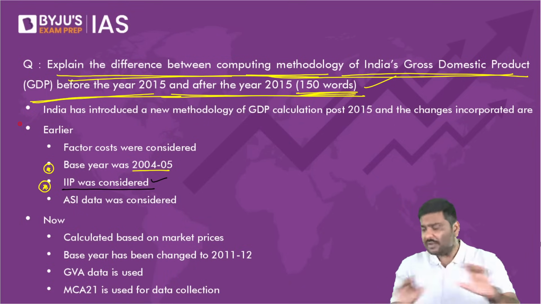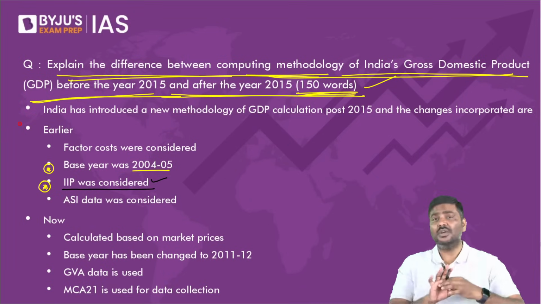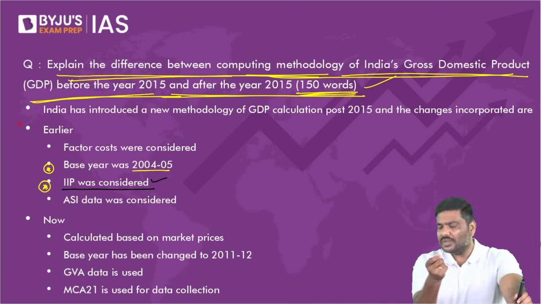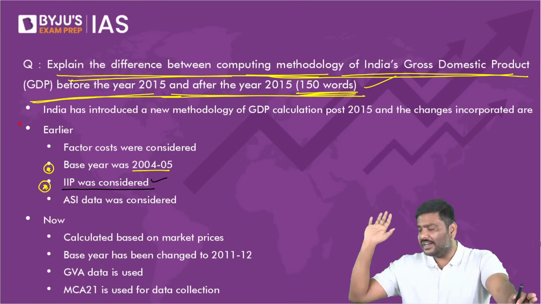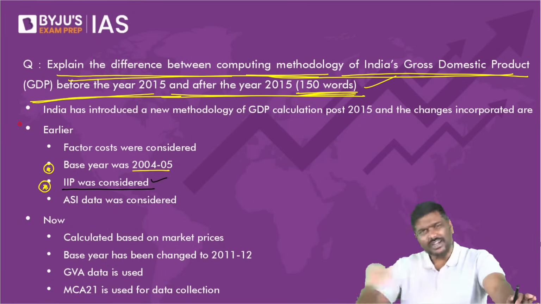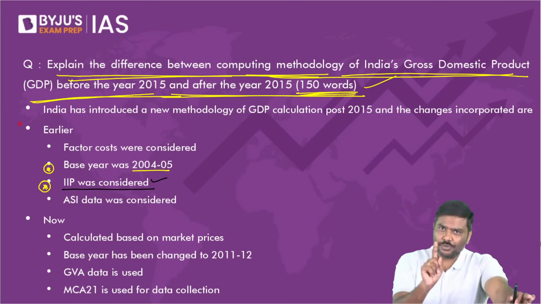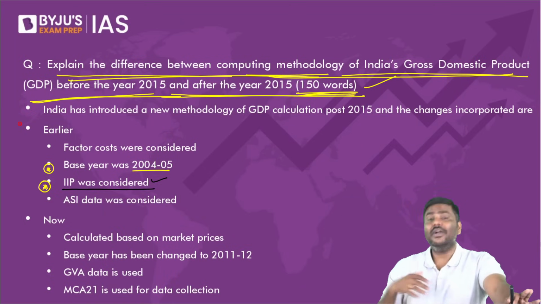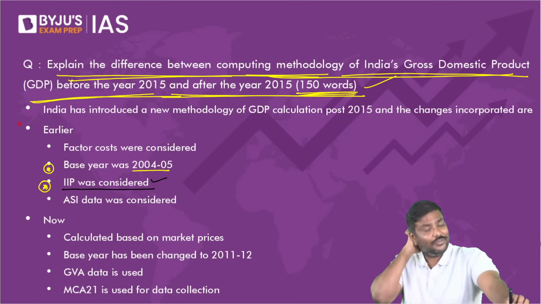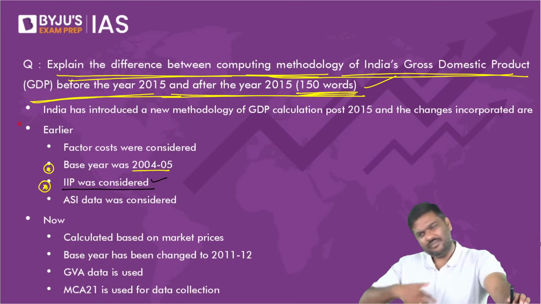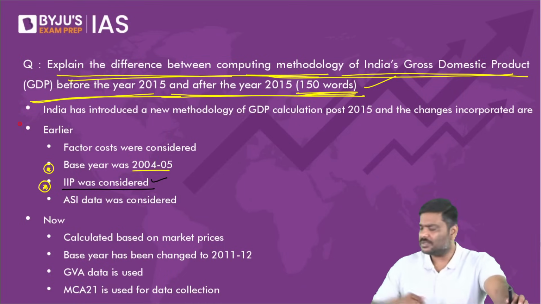You should never make a mistake in these kinds of static questions, because to get static questions itself is very difficult in UPSC mains. If you get them, you should not make a mistake. In fact, when you see the questions later on, we'll discuss a lot of these mains-based questions.